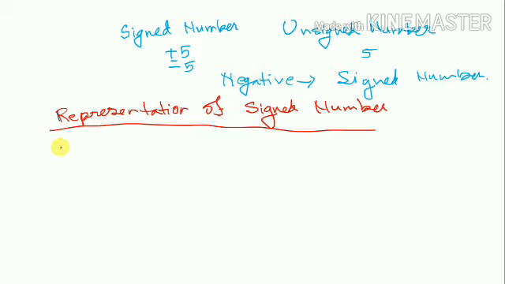We can represent signed numbers in 3 different ways. Number 1 is called the signed magnitude representation.